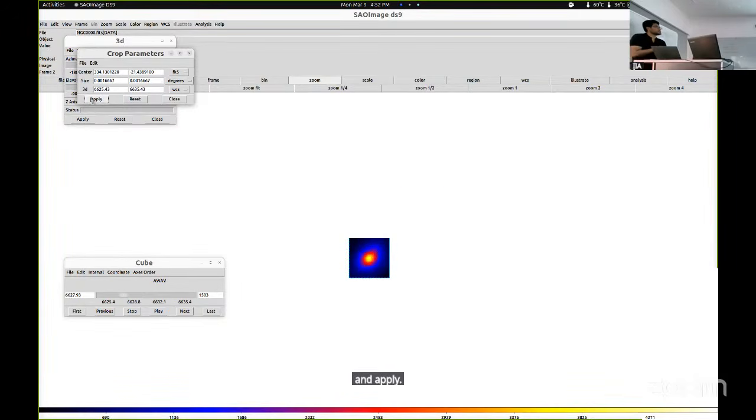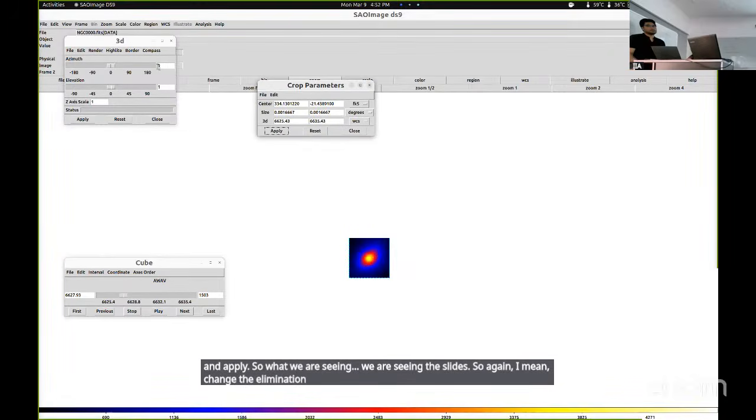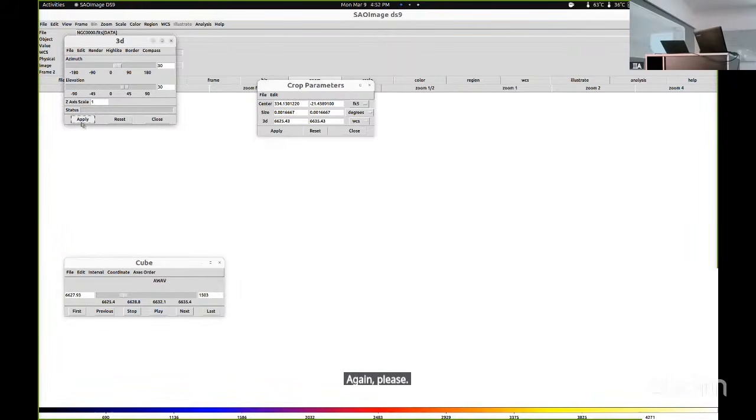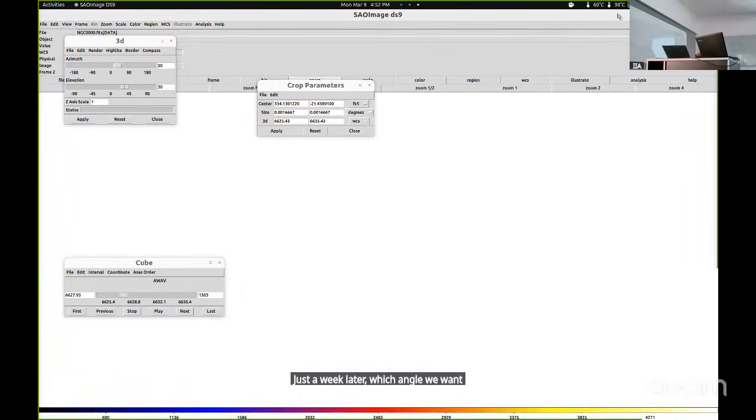What we are seeing are the slices, so we can again change the elevation and azimuth by some degrees. Elevation is the angle above the central part. Yes, it is which angle we want to look from.